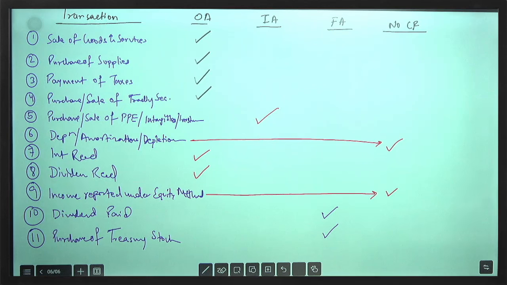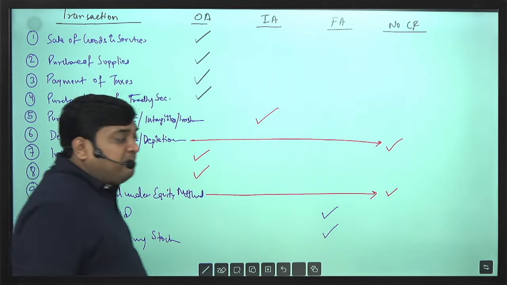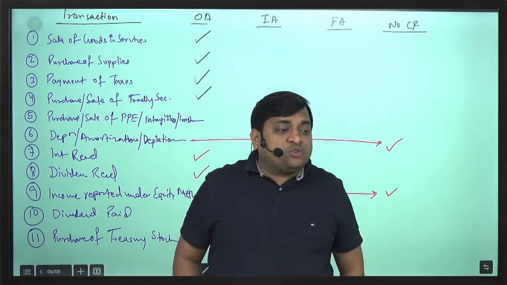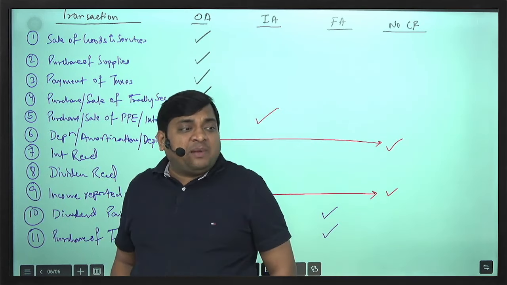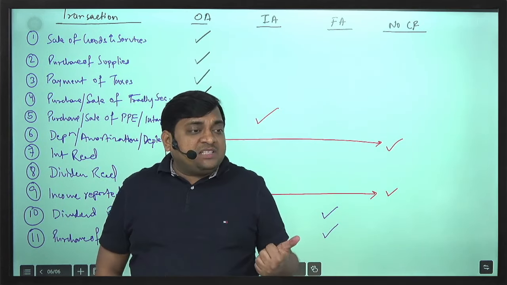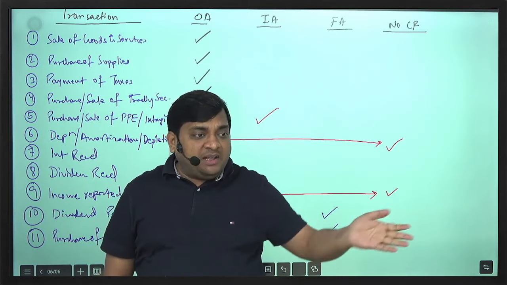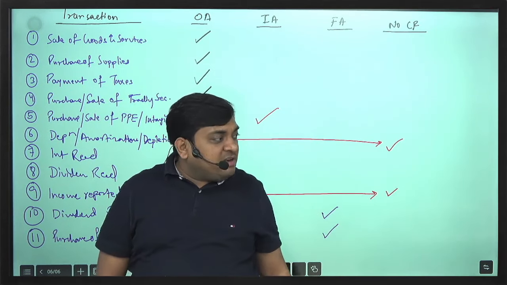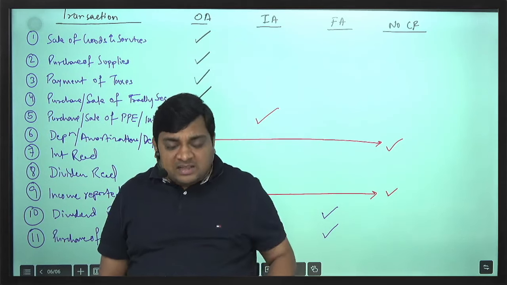Is it okay? Now, when I prepare cash flow, basically I have to find out receipts and payments. If a receipt is related to operating, I'll put it in operating. If it is related to investing, I'll put it in investing. If it is related to financing, I'll put it in financing.